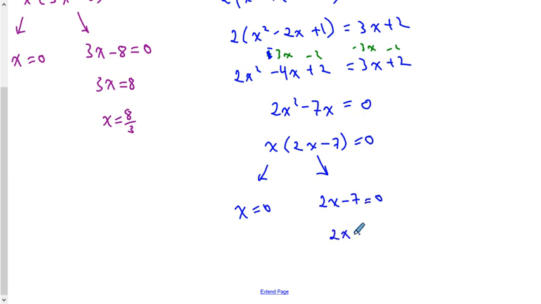So 2x equals 7, divide both sides by 2, x equals 7 halves. Okay, so that was a bit of lightning speed, but we've got all those skills in our skill set. Now we're just trying to put them all together.